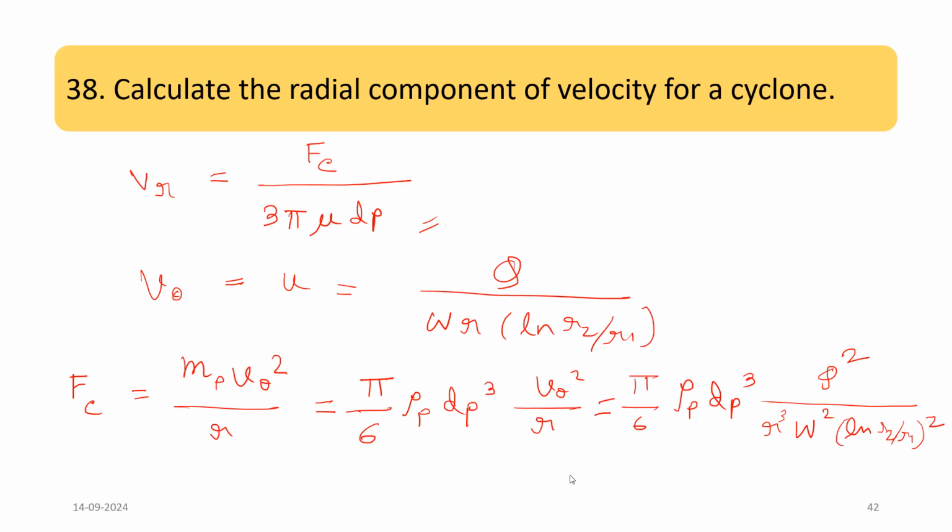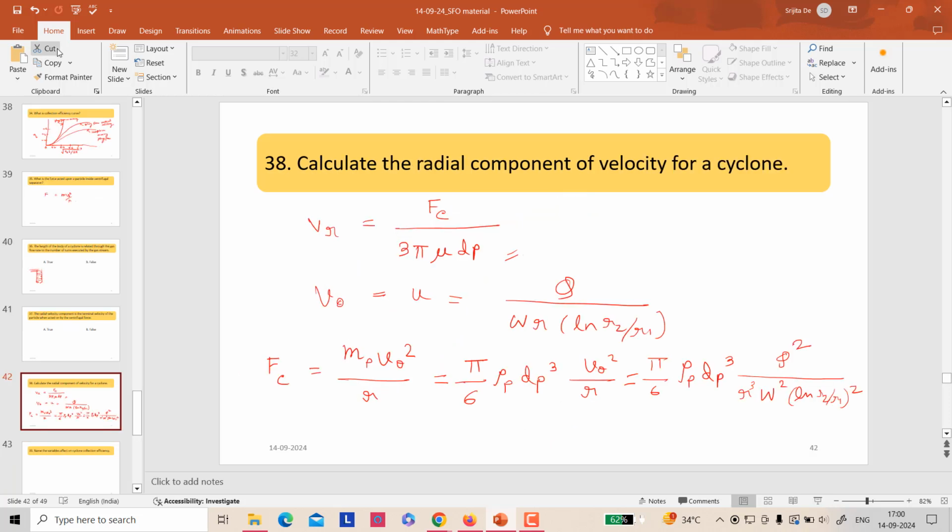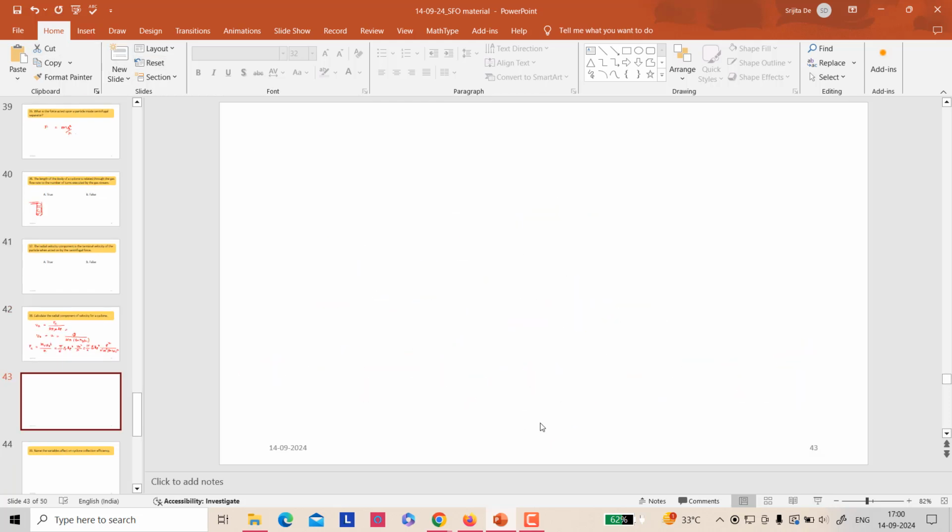Now put all these values in VR. VR is Fc divided by 3 pi mu dp.